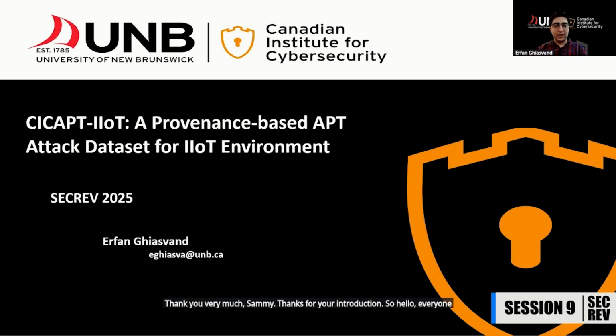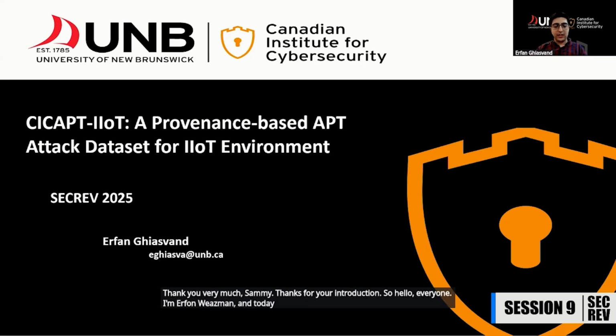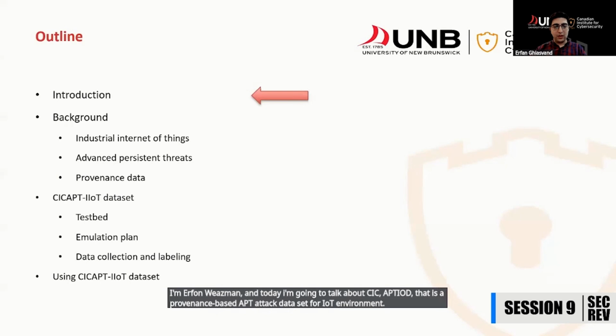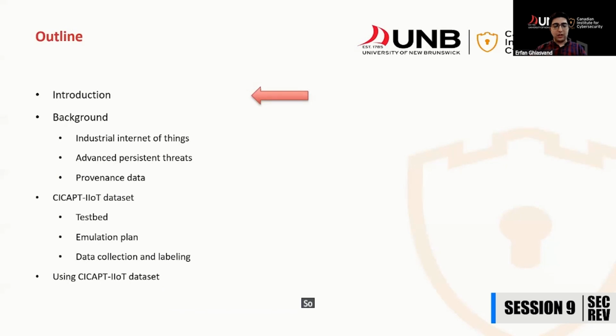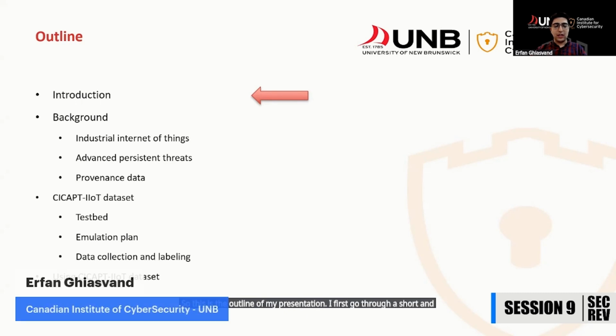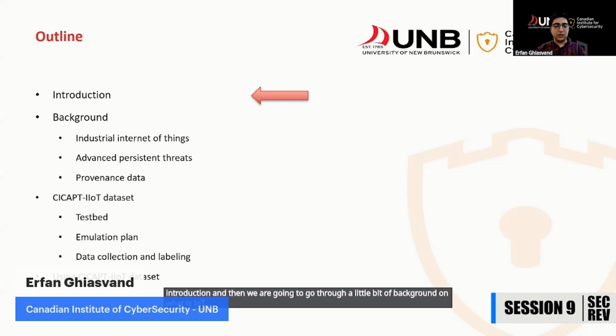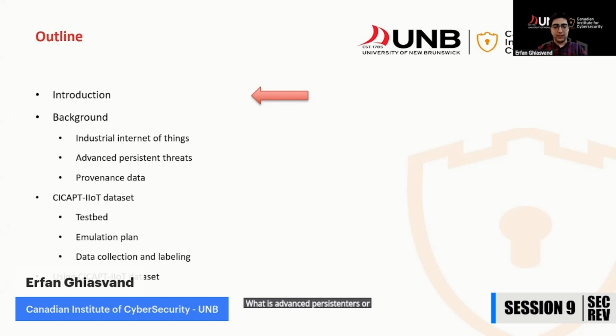I'm Erfan Ghiasvand, and today I'm going to talk about CIC APT IIoT, a provenance-based APT attack dataset for IIoT environment. This is the outline of my presentation. I'll first go through a short introduction, and then a little bit of background on what is IIoT, what are advanced persistent threats or APTs, and what is provenance data.